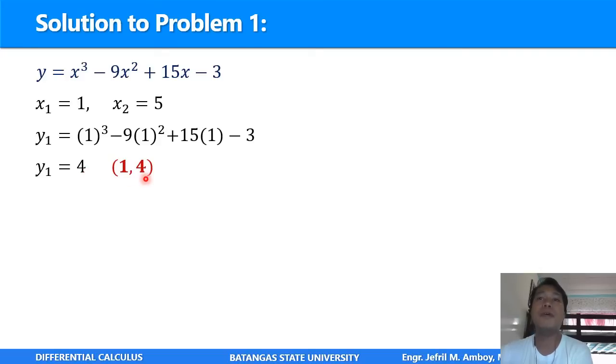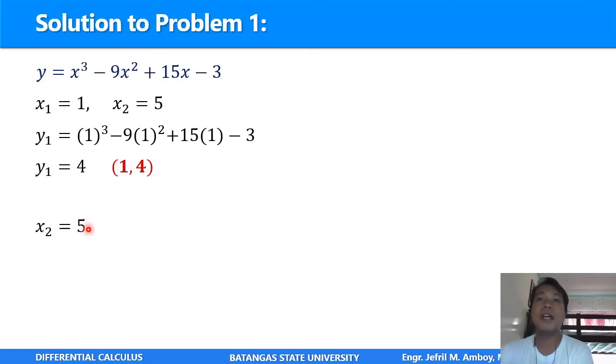Remember, what kind of point is this based on the value of the second derivative? Since our second derivative was negative earlier, this point is a maximum point. Okay? Now, how about the value of y when x is equal to 5? So, we again substitute 5 in the expression for y.